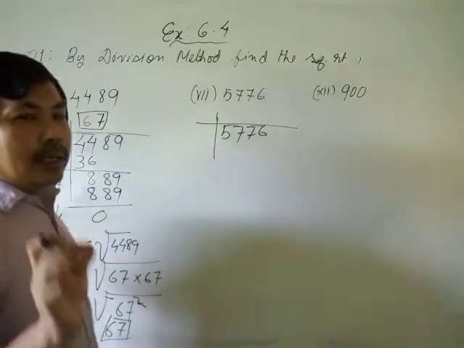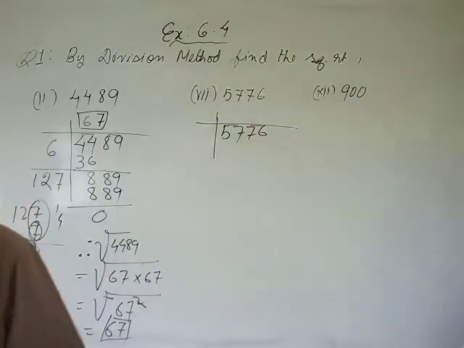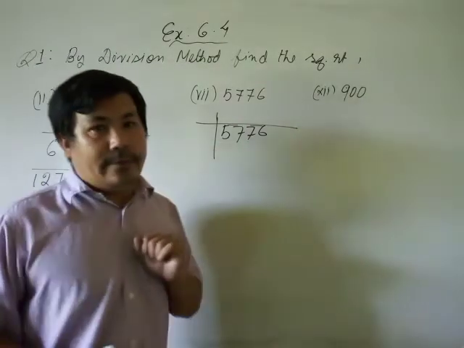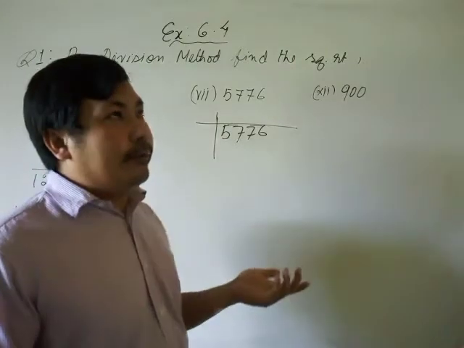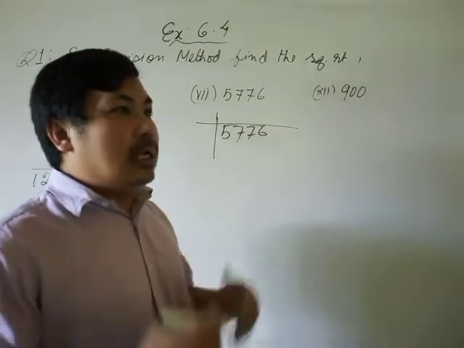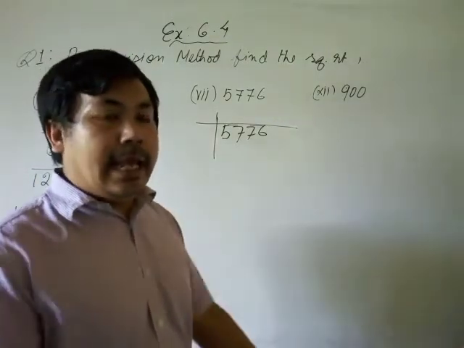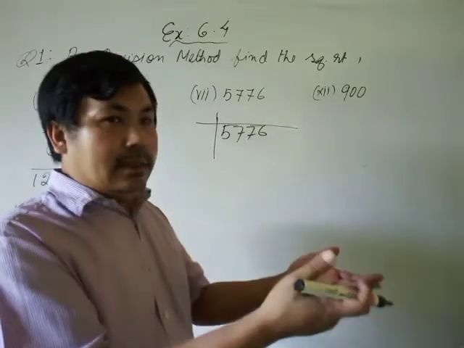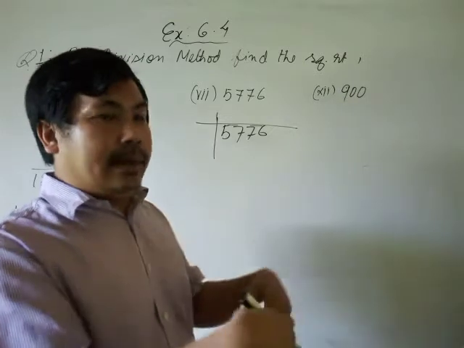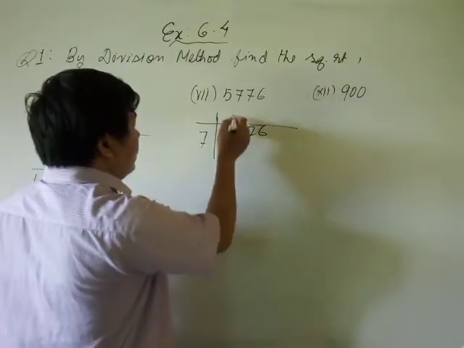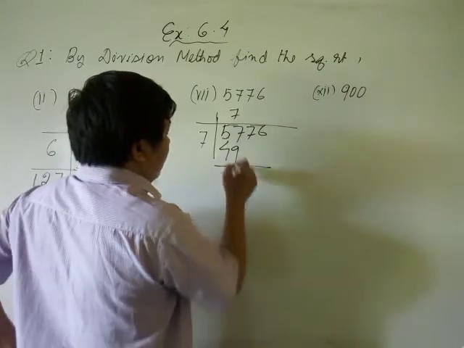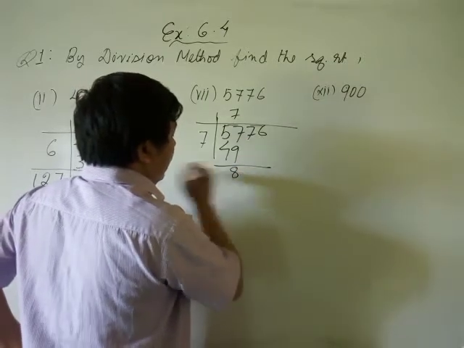So we have to take a number whose square is near 57, isn't it? 5 5s are 25, 6 6s are 36, 7 7s are 49, 8 8s are 64. 8 8s are 64, 8 we cannot take, we will take 7. 7 7s are 49. Then how much do we get here? We are getting 8.